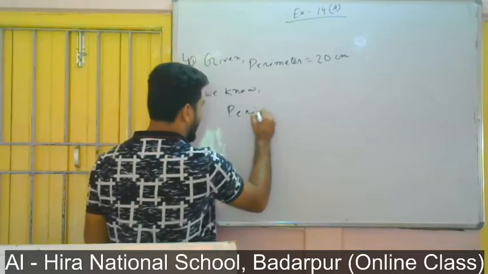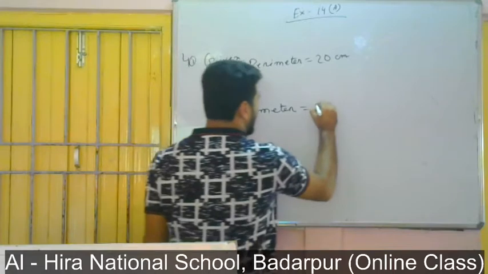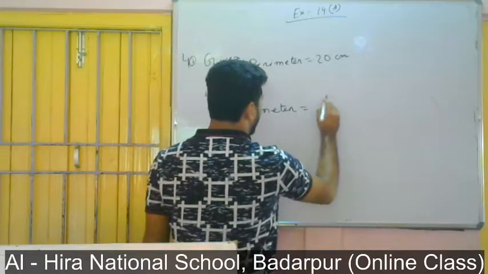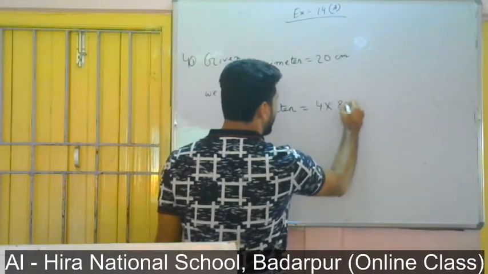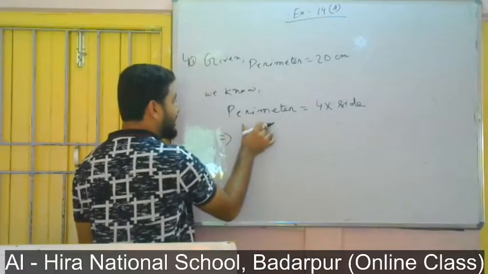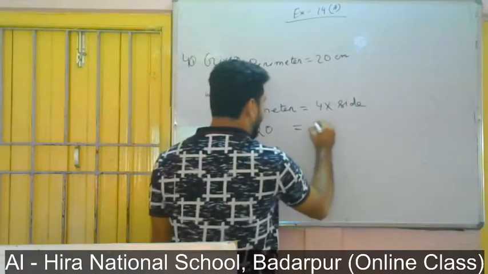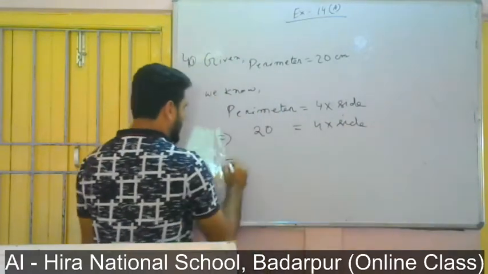perimeter equals to what? 4 into side. And in place of perimeter, I will write 20 centimeter. Then from there I can find side.